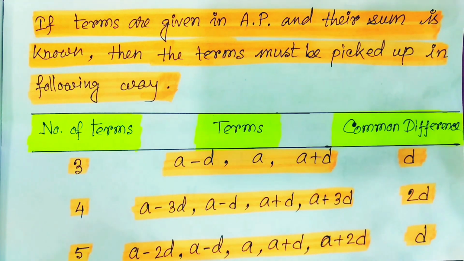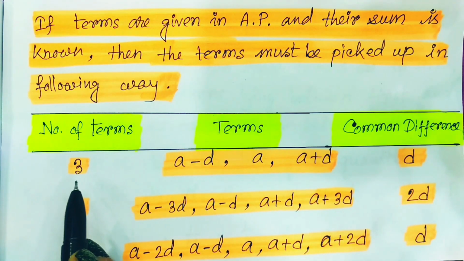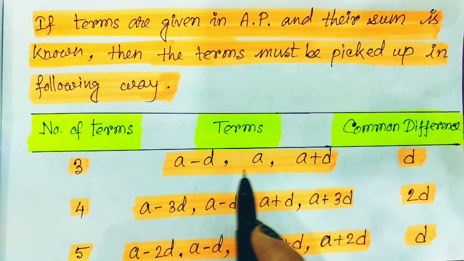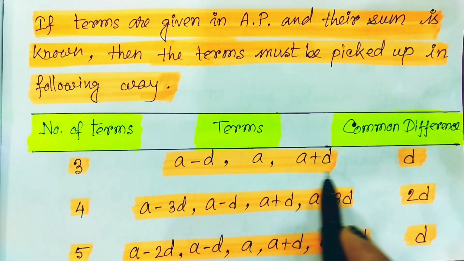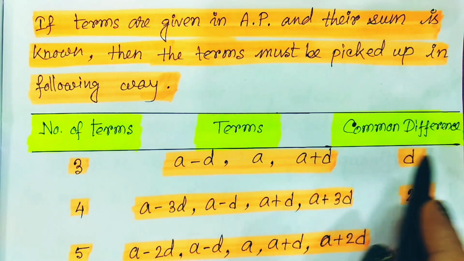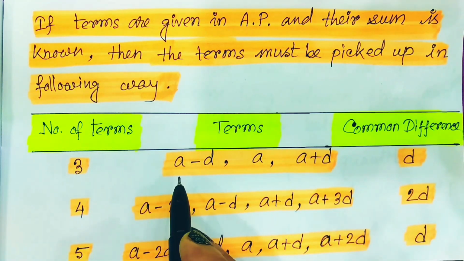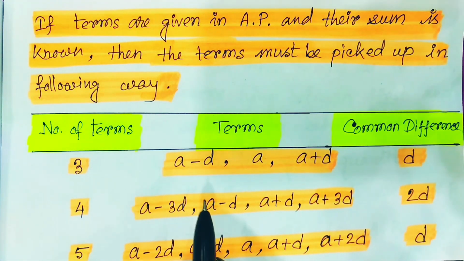If there are 3 numbers whose sum is provided, then instead of a, a plus d, a plus 2d, we should choose a minus d, a and a plus d. The common difference is definitely d. Because if we add all these, we find it is 3a. That means d will be cancelled out. So we can directly find the value of a from there.